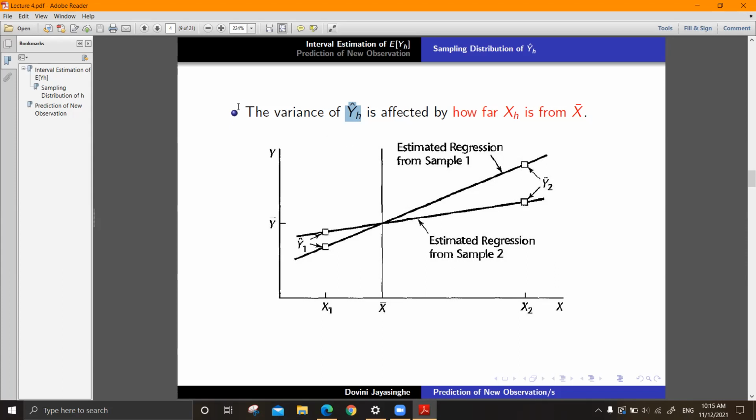So that is what they say. We are getting the sample from the same levels of x. That is the reason. The variance of Y_h hat is affected by how far X_h is from X bar. When we are going further away from the mean, the variability of Y_h hats increases. That means basically the new observations.